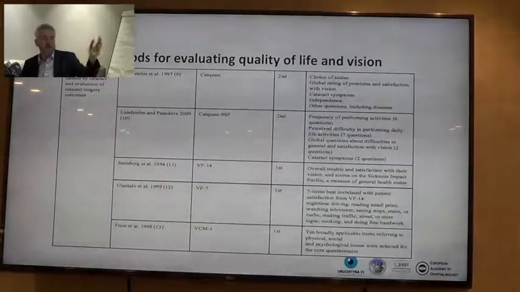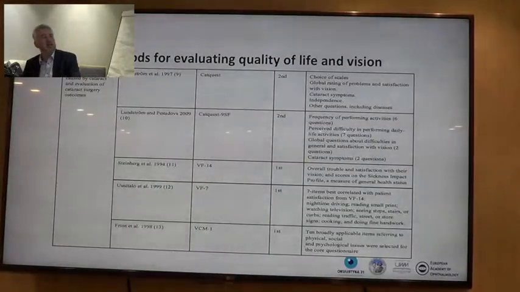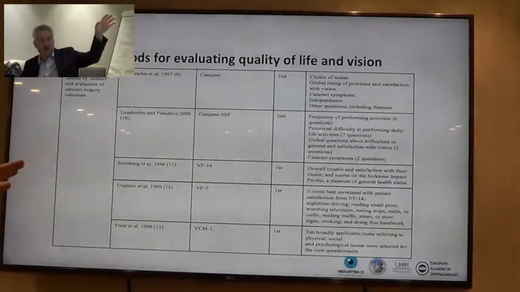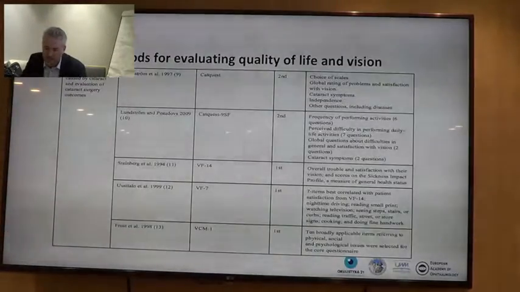Here we see the tests we know. Cat-Quest, prepared by Lundstrom and collaborators in 97, belongs to the second generation. Cat-Quest 9SF, also belonging to the second generation, and Visual Function 14, 7, and other tests belonging to the same group.